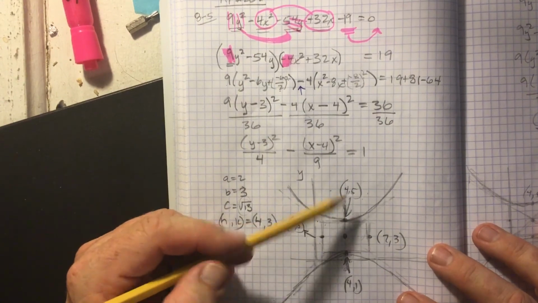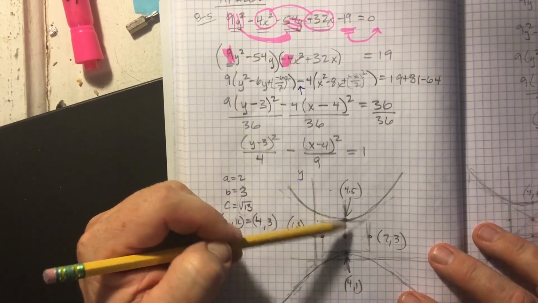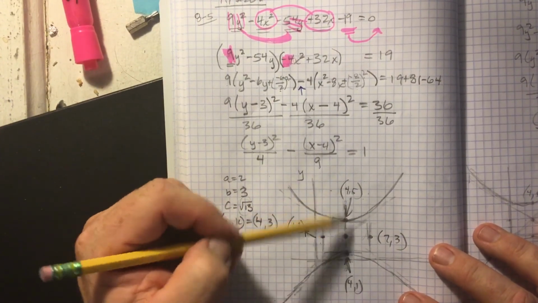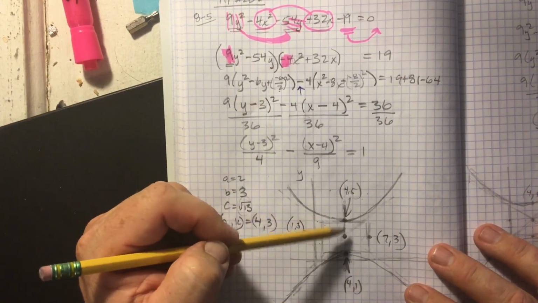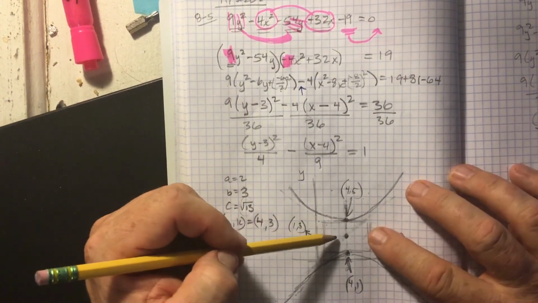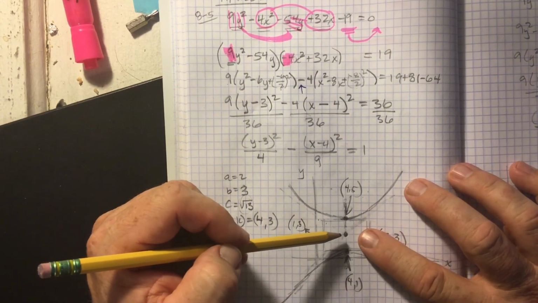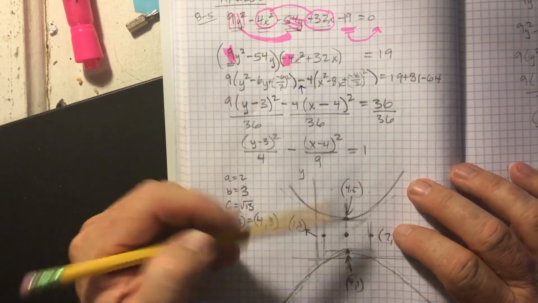That's the biggest difference, okay? That's why that subtraction sign comes in there. The foci are outside the vertices on a hyperbola. They're inside the vertices on an ellipse, and they're the exact same thing when it comes to a circle. So those are the three differences right there.